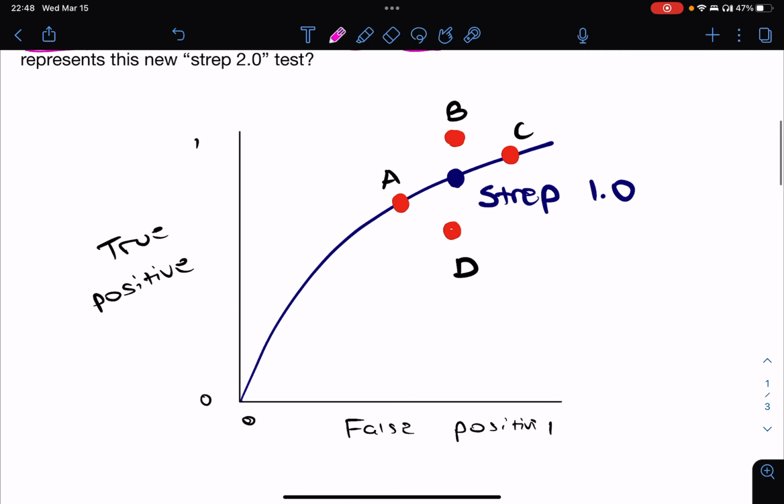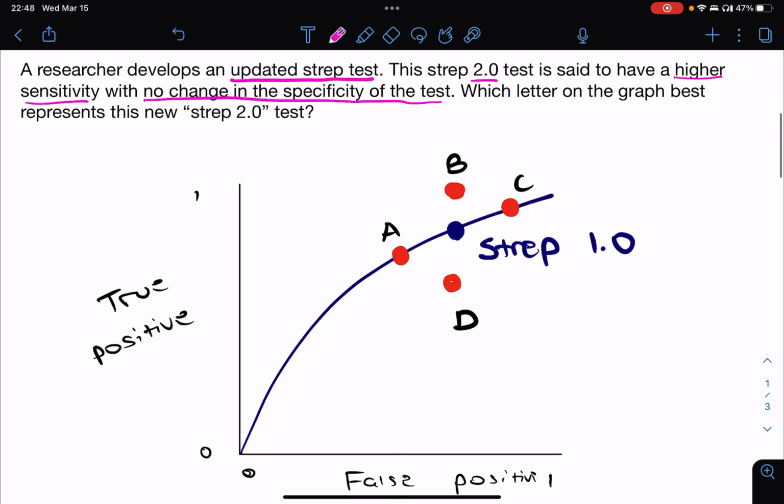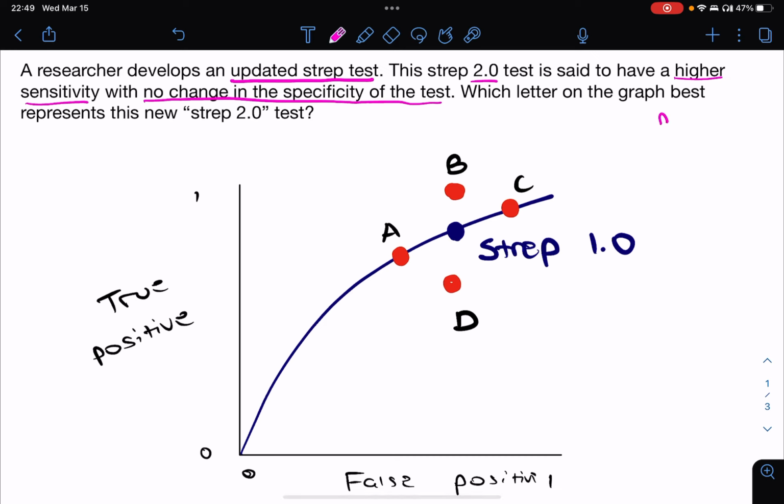And so if I show you a couple points, where would you have a test that is more sensitive and no change in specificity? And so is it A, B, C, or D? And I'll let you pause here and think about this, and if not, we'll move on to the answer.